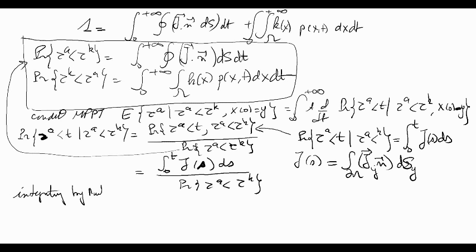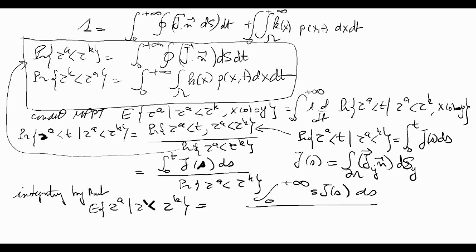It is possible to show that the conditional mean first passage time, E of tau conditioned on tau less than tau_k, is the integration from 0 to infinity of s J(s) ds, again divided by the probability that tau_A is less than tau_k.